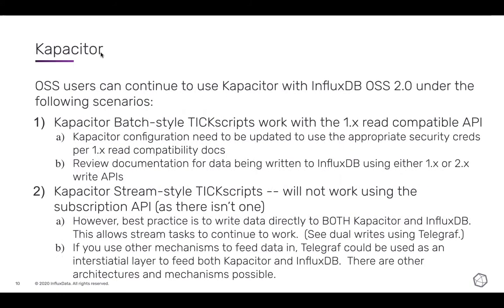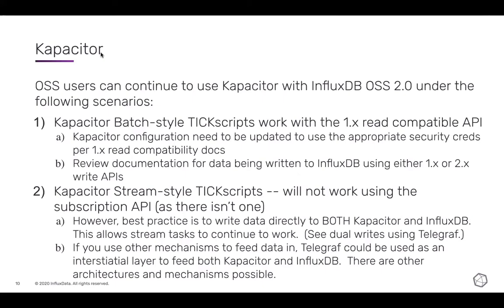Now we get questions, more detailed questions about Kapacitor. Open source users can continue to use Kapacitor with InfluxDB open source 2.0. That's great, but there are some scenarios to highlight. First of all, you'll need to change the configuration similar to what you're doing in terms of the URL and in terms of the username and token setup that's typically used now as part of 2.0.